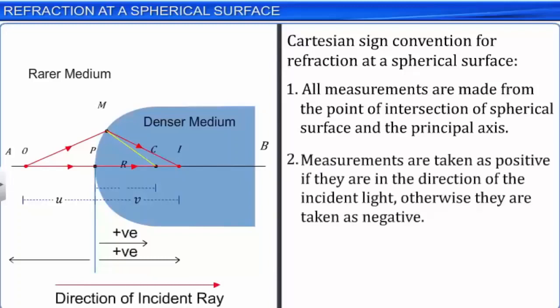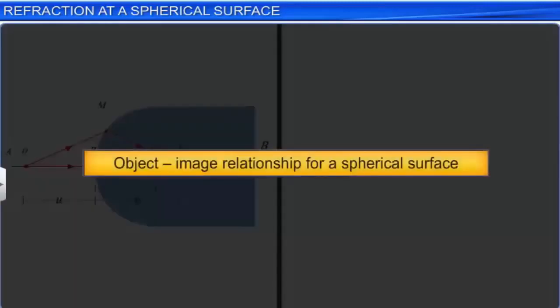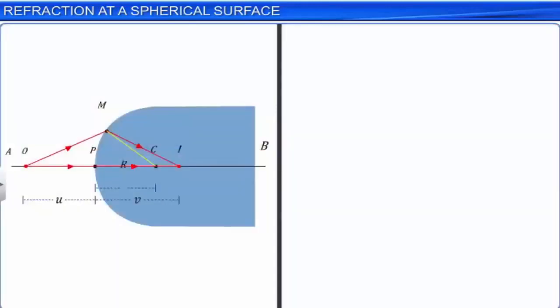Let us now derive an object-image relationship for a spherical surface. Let the refractive index of the rarer medium be N1 and the refractive index of the denser medium be N2. If the aperture of the spherical interface is small when compared to the object distance U and the image distance V, then the following approximations can be made. 1.